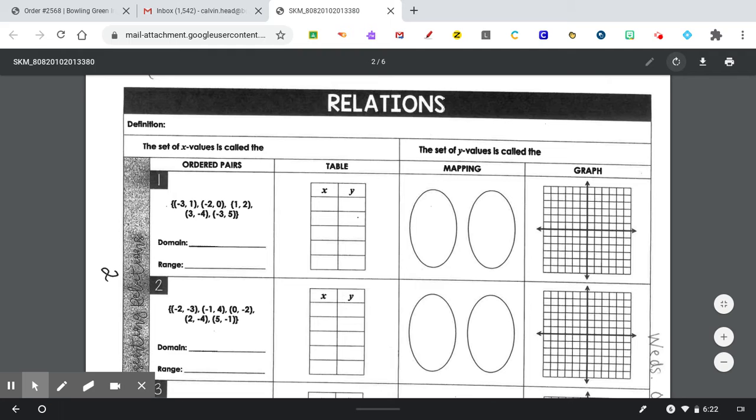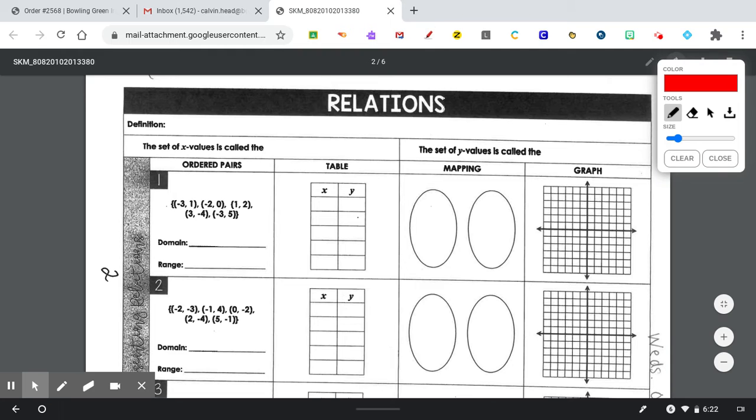When we talk about relations, the definition of a relation is a set of ordered pairs. So now we're going to look at several different ordered pairs.